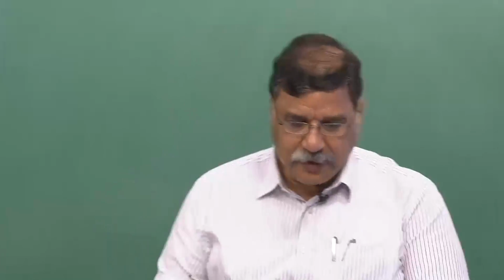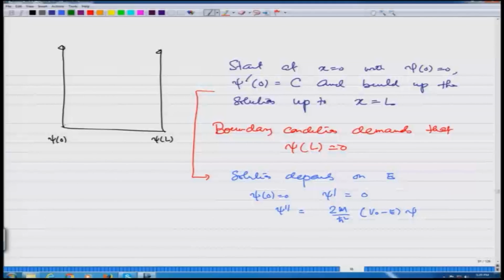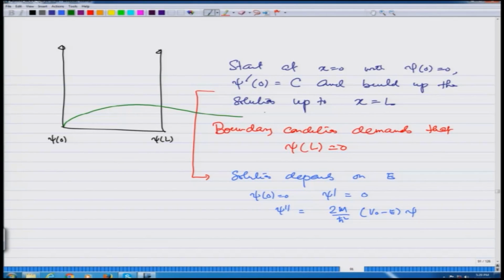So, what could happen? For example, if I build up the solution, one solution could be like this. I am showing in green, this is not acceptable. So, this is some E. A second solution could do like this, some other E. Unless I have exactly the right E, that it goes to 0 on the other side, and that is acceptable.